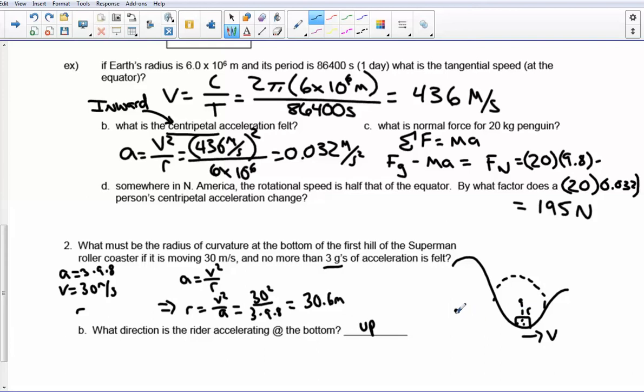So the net force must be up, meaning that we have a downward force of gravity and an upward normal force that must be larger. In this case F_n is greater than F_g in order for there to be an acceleration towards the center.